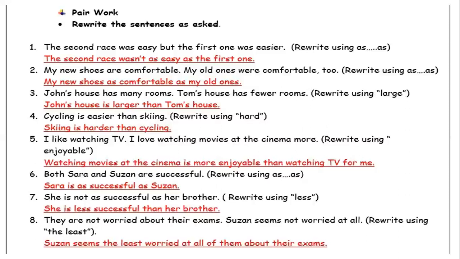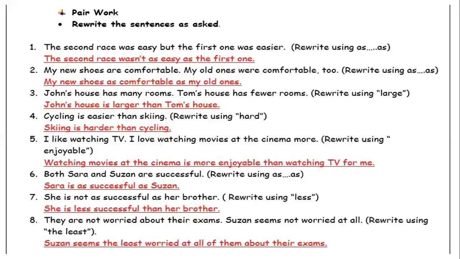Now, number 5, I like watching TV. I love watching movies at the cinema more. Rewrite using enjoyable. So here we also have two parts. One of them has less equality and the other has more equality. I think it's obvious that watching movies at the cinema has more equality than watching TV.